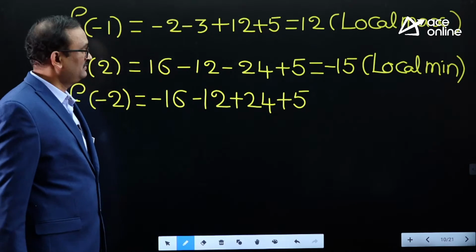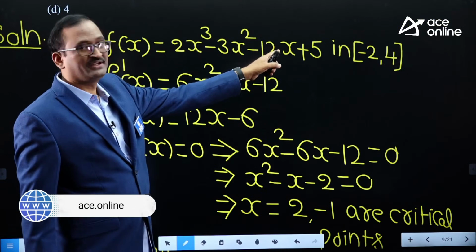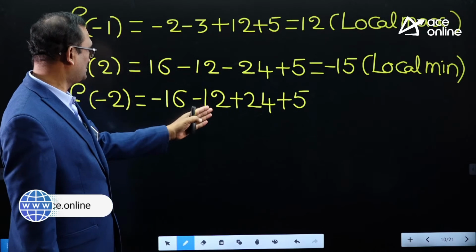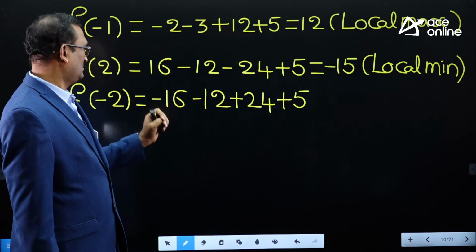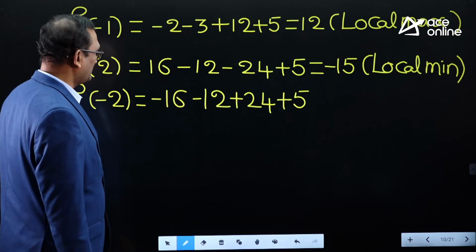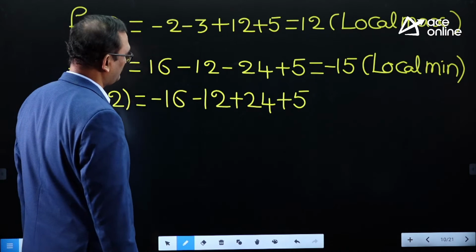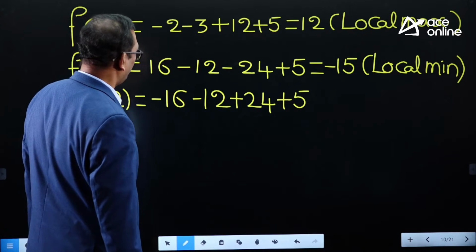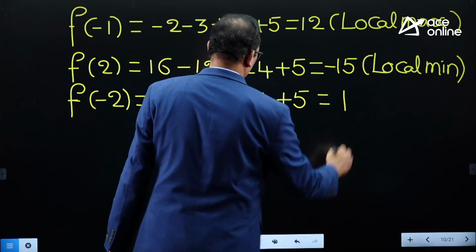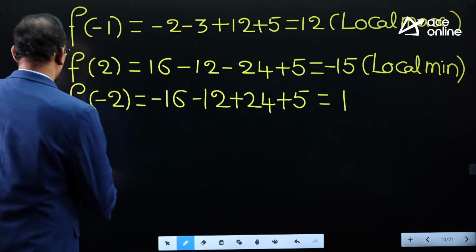Please verify. That gives minus 16, minus 12, minus 28, plus 24, plus 5, that is 29 minus 28, which is 1.